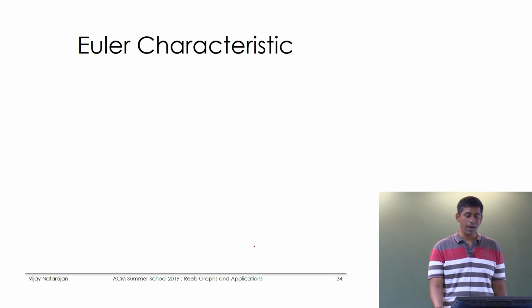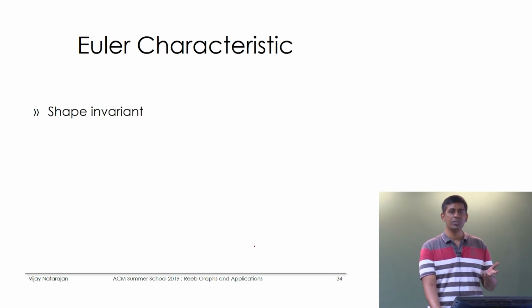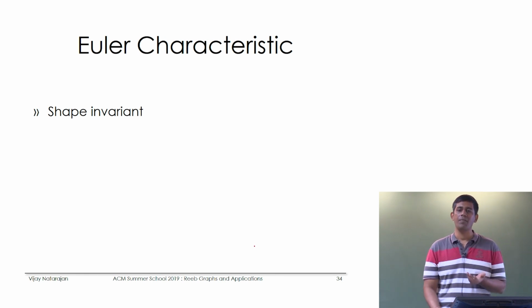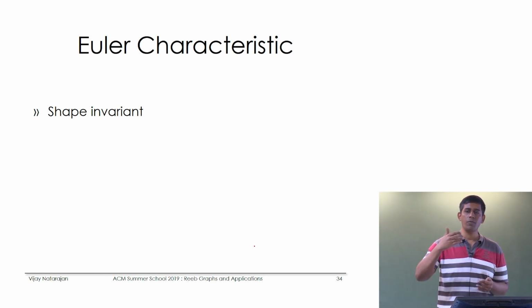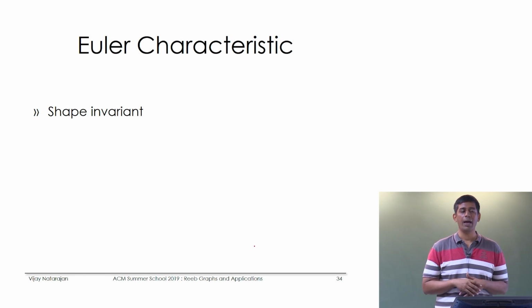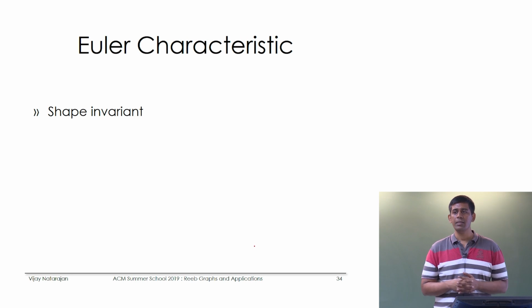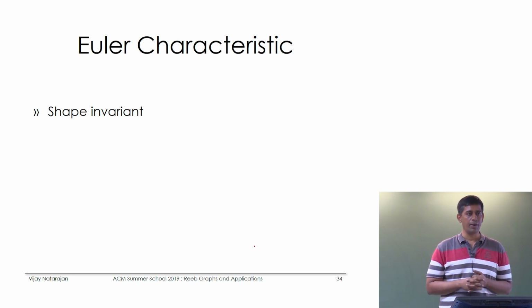Now let us look at the Euler characteristic a little bit and the relationship with what we are seeing here. The Euler characteristic happens to be a shape invariant, because we saw that for surfaces it fully characterizes them. If I tell you the Euler characteristic is 0 or minus 2 or minus 4, you know exactly which surface I am talking about. It turns out that even for higher dimensional spaces, the Euler characteristic is still a nice shape invariant.